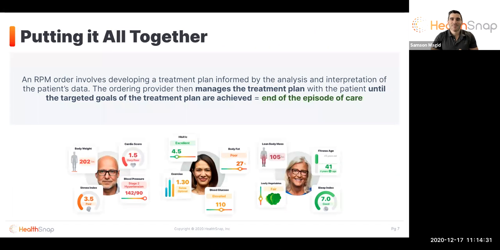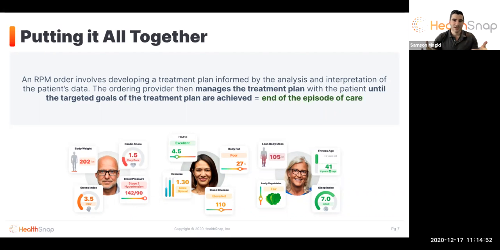So putting it all together, remote patient monitoring involves, number one, developing a treatment plan informed by the analysis and interpretation of the patient's data from home. The ordering provider's goal is to manage that treatment plan with the patient until the targeted goals of the treatment plan are achieved.